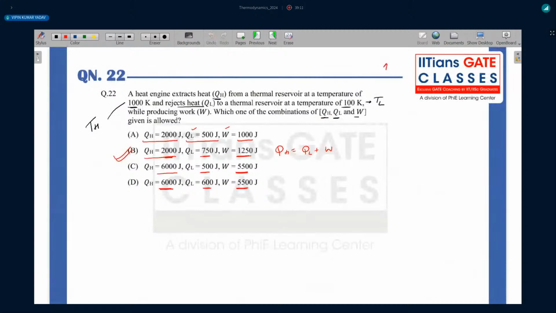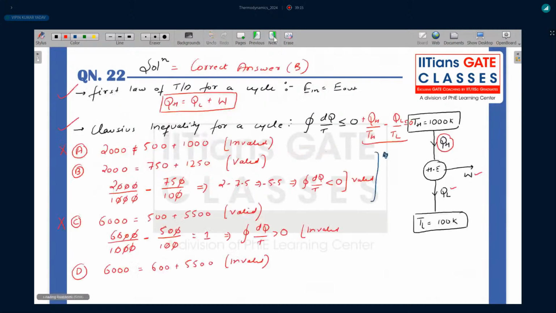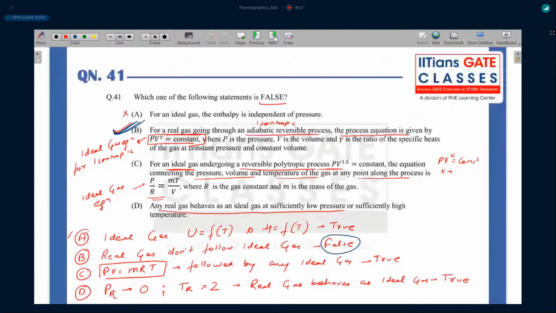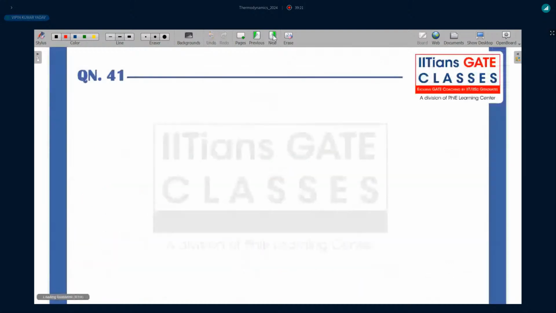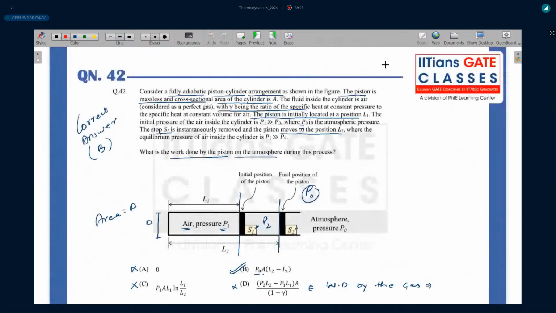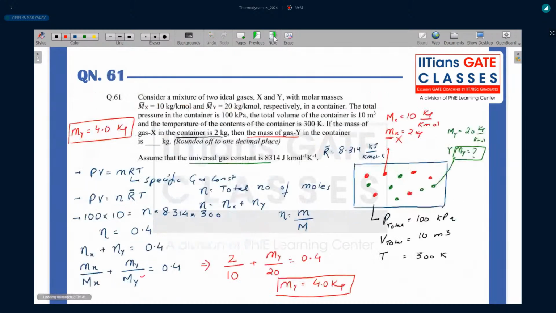Again 1 mark question. So 2 marks in total. 2 mark questions. So total 4 marks. Again 2 mark questions. So total 6 marks. And again 2 mark questions. So total 8 marks. Okay. The total weightage of thermodynamics was 8 marks.